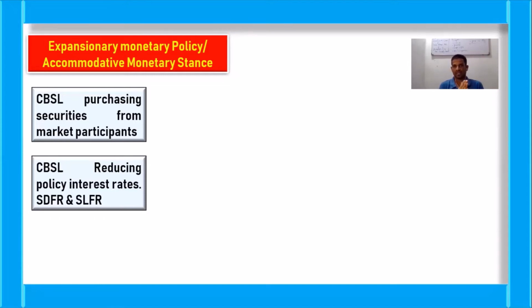So that also causes an injection of currency or liquidity from the central bank to the call money market. That means there will be a flow of liquidity, that means currency, from the central bank to the commercial bank call money market, right?